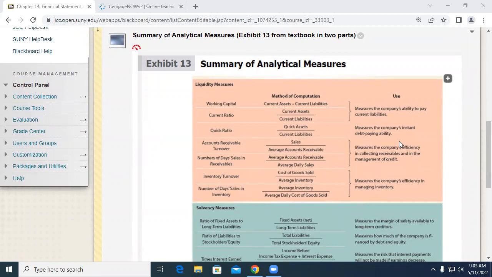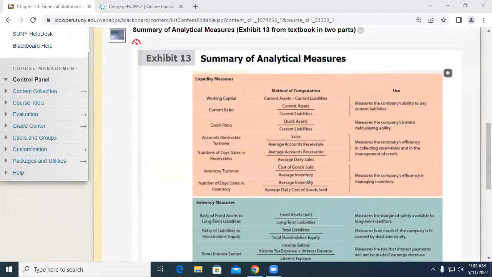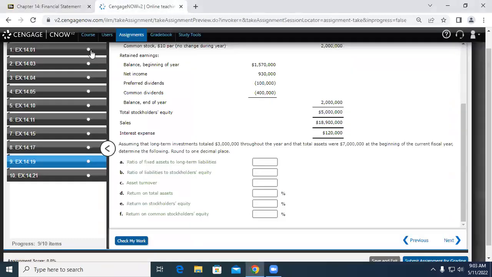And I just snipped it out of the book to put here so that you had it for easy reference. These are all of the formulas that you need for this chapter. And these are going to be very important for us in a few minutes when we get to the chapter 14 problem.